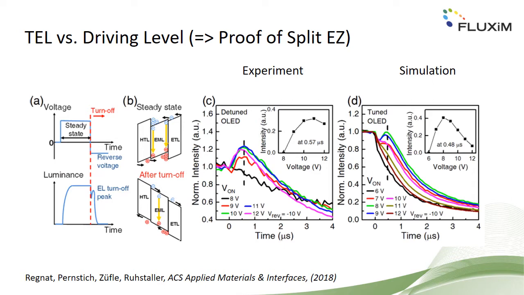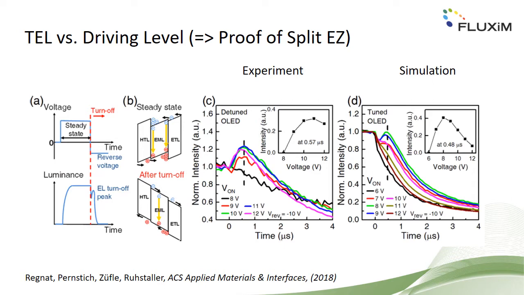This leads to a recombination zone that has a peak at both interfaces in the EML. When turning off the device, the potential drop is reversed, such that the carriers that were accumulated previously will then go towards the center of the device before exiting, and thus have another opportunity for giving a delayed electroluminescence.